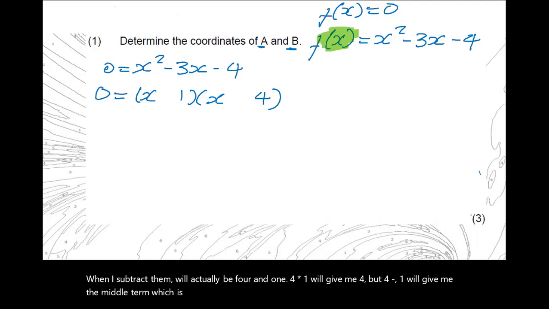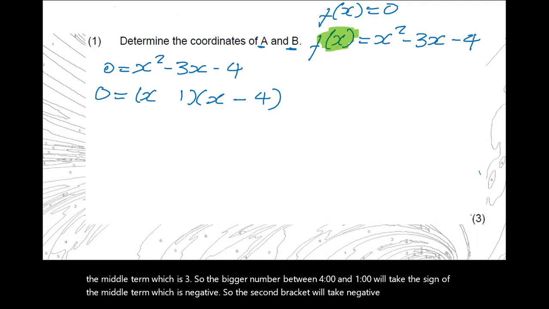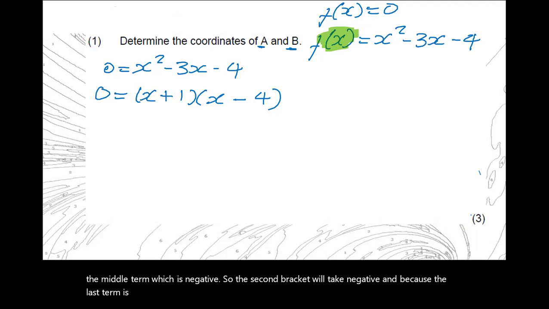So the bigger number between 4 and 1 will take the sign of the middle term, which is negative. So the second bracket will take negative, and because the last term is negative, the other bracket has to take the opposite sign, which will be positive.